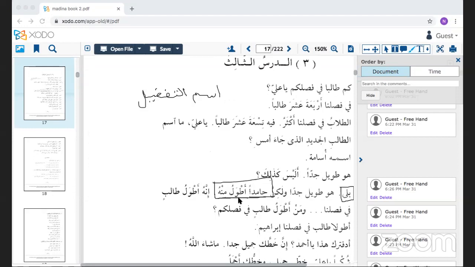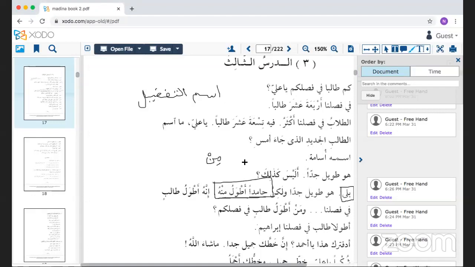Okay, one more thing to add to the story of Ism al-Tafdil is that when you are comparing two things side by side, then after the Ism al-Tafdil, you will say min.